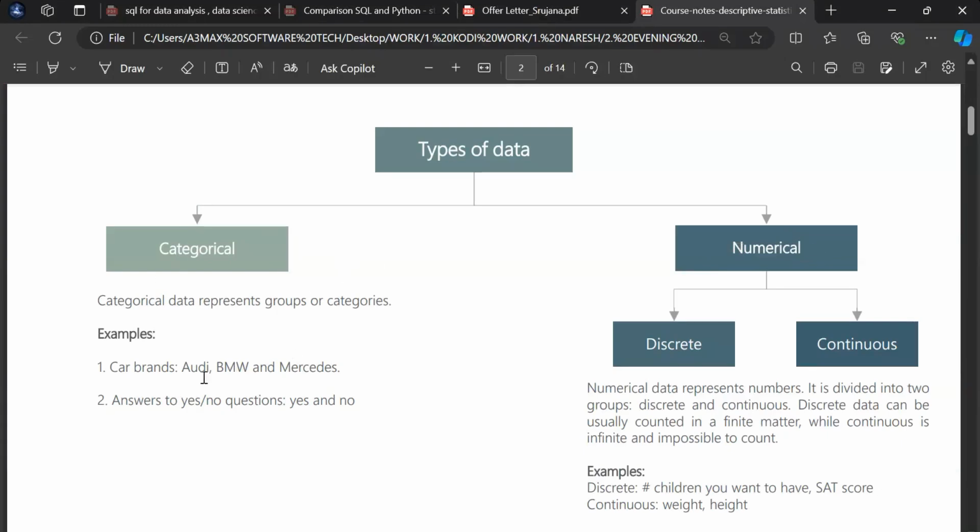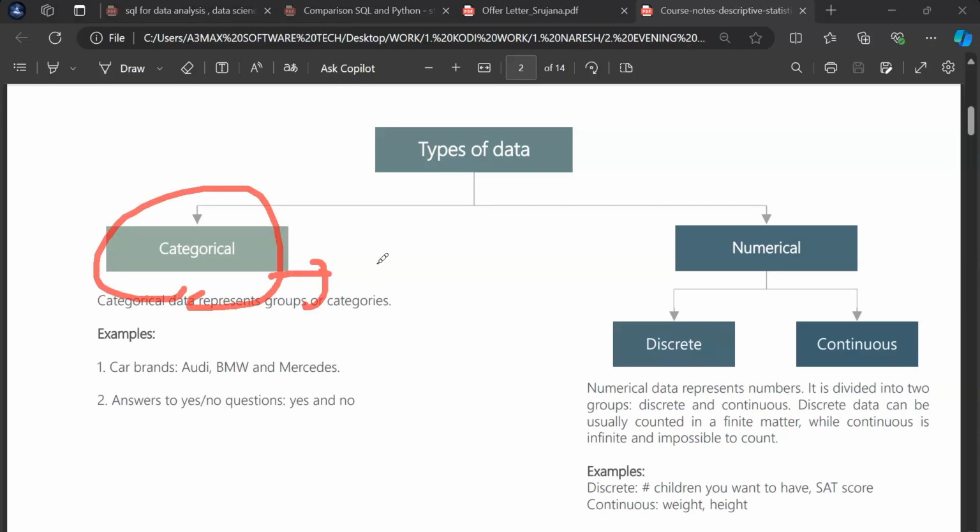Car brands: Audi, BMW, Mercedes, are all categories. The answer to a question, yes or no. True or false. Pass or fail. So this comes under classification, regression, clustering.